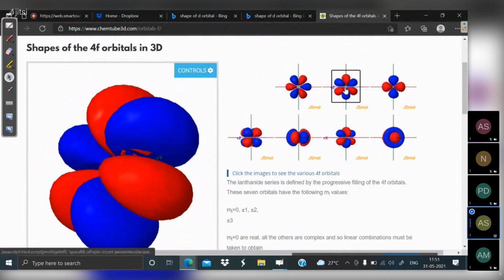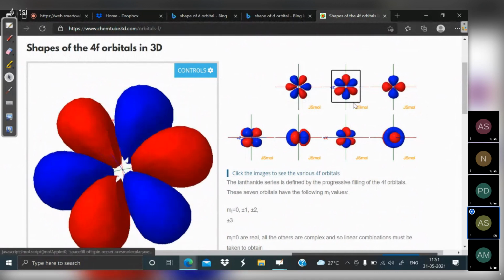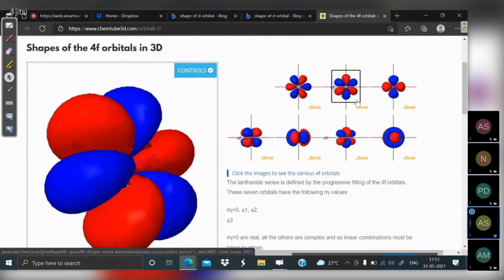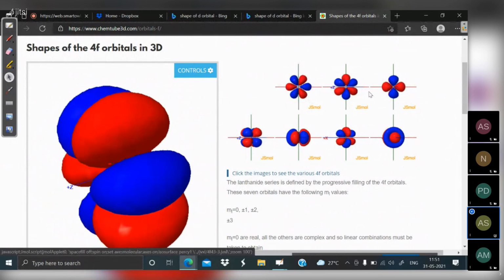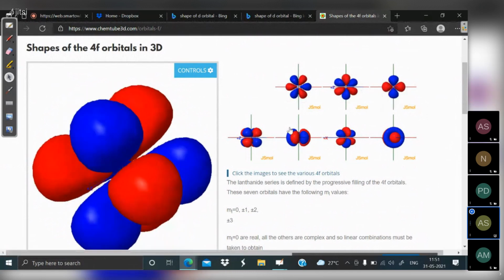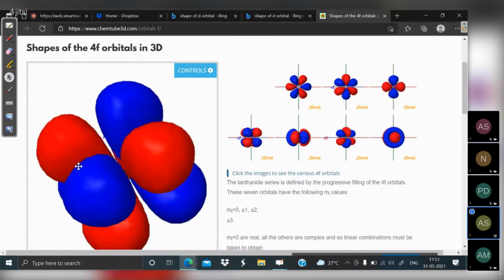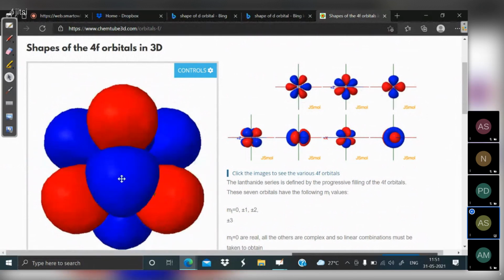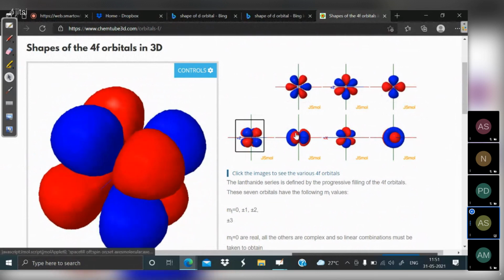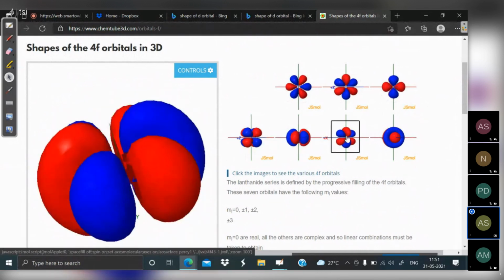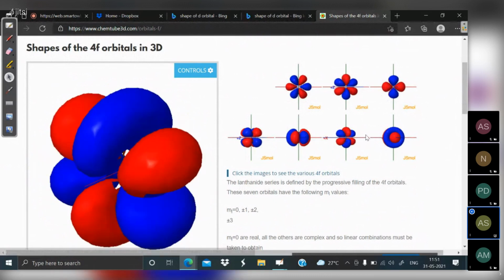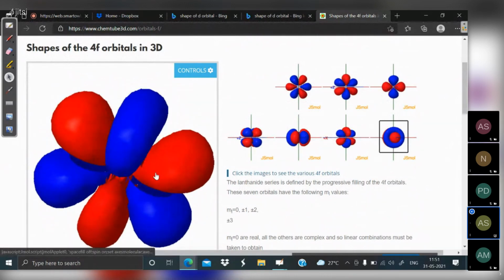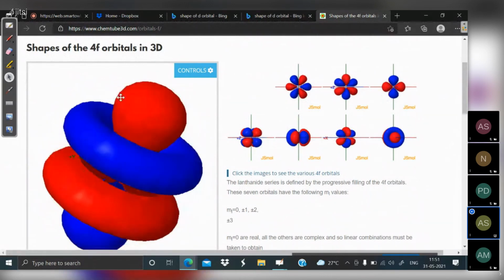I will draw the s and the d orbitals, but not this, because these are very complicated. These are the 7 shapes of f orbitals, and this is the last one, 2 lobes.